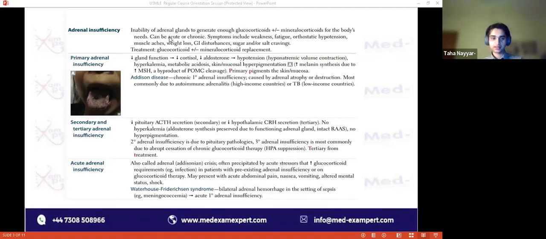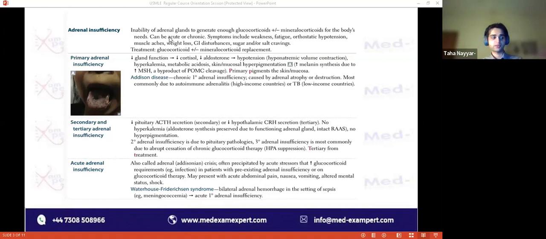Now this is abrupt cessation of chronic glucocorticoid therapy leading to HPA suppression. This is a very important question stem. A lot of times they test you in the real exam by showing you an individual who suddenly had decreased blood pressure or orthostatic hypotension, and just a very sick patient.